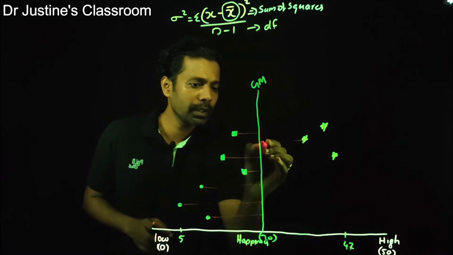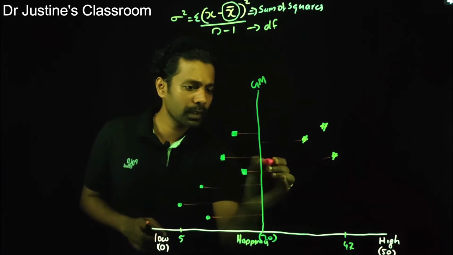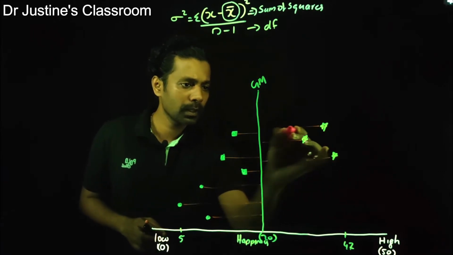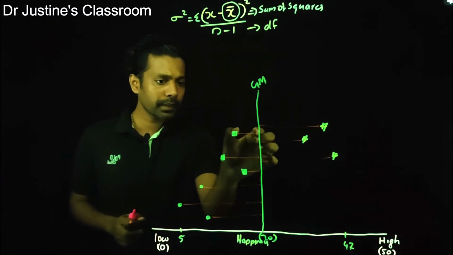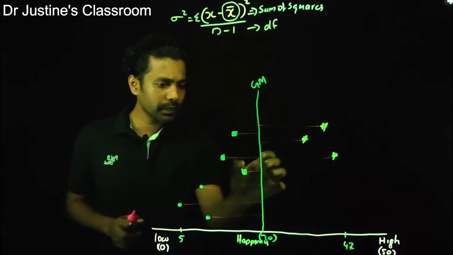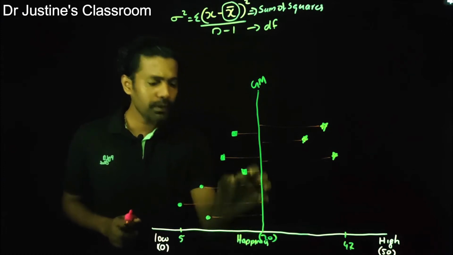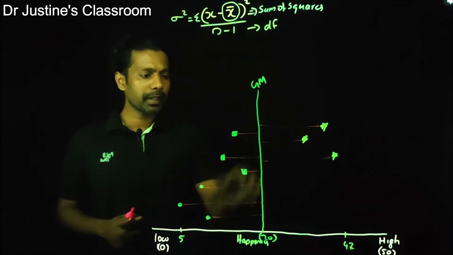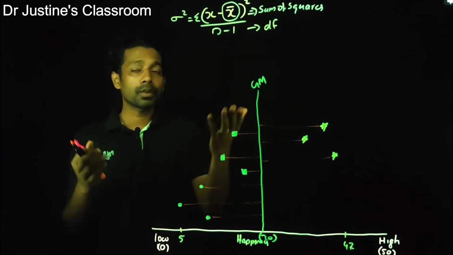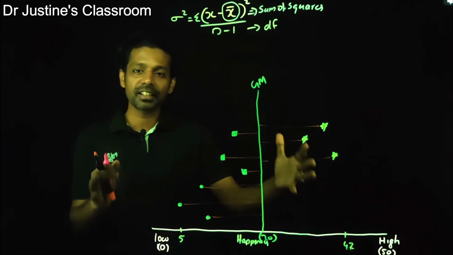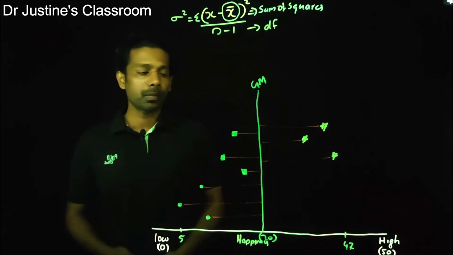I will find this value, this value, and all these values, and find the square of it divided by the number of observations minus 1. So that's the total sum of squares, the total variance. This much data is scattered if I take these 9 observations.